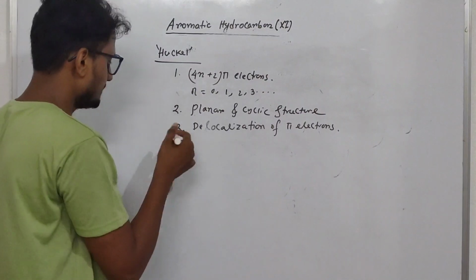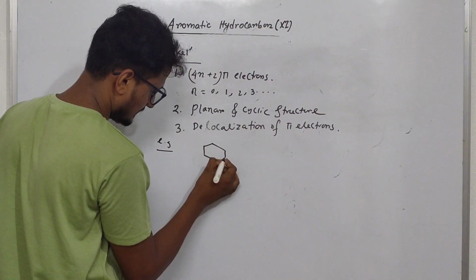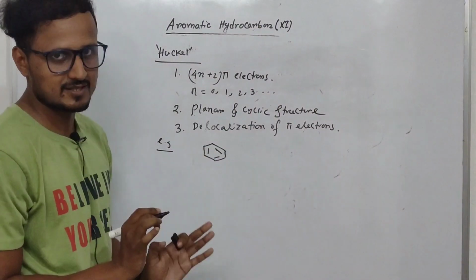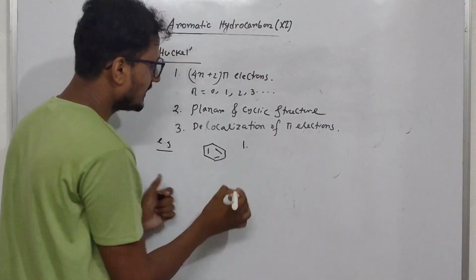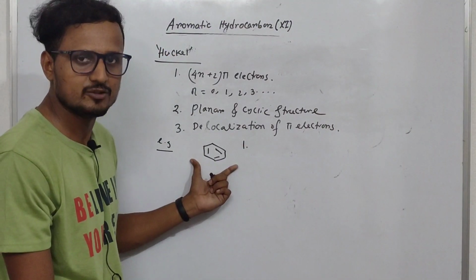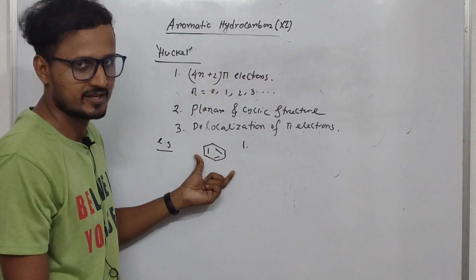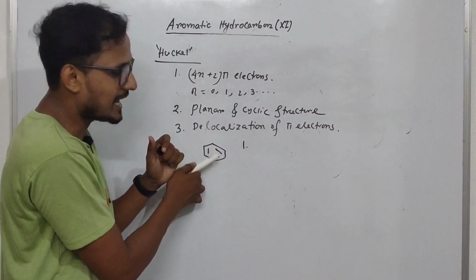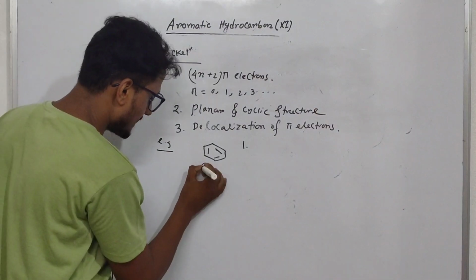Suppose I am giving one example with benzene. This is benzene. Now see how many pi electrons are there. If it is an aromatic compound, it will satisfy these three rules. Benzene has three pi bonds, which means 6 pi electrons.